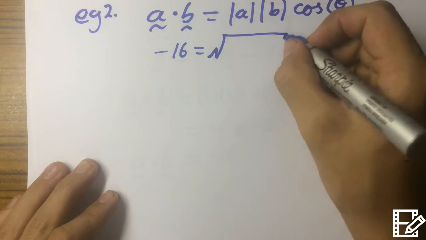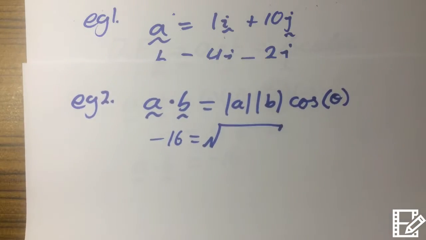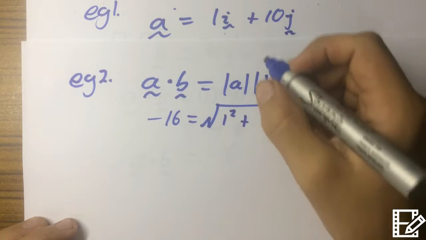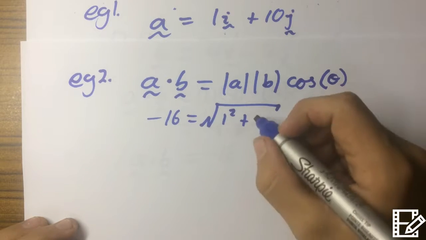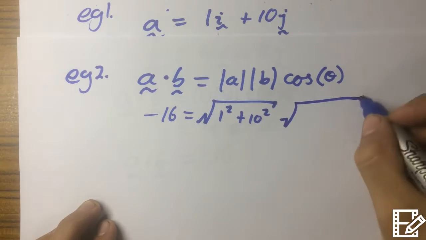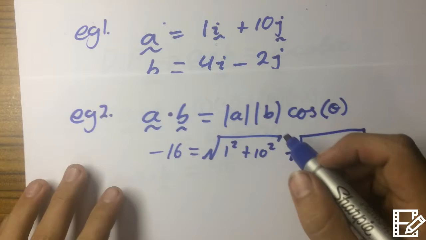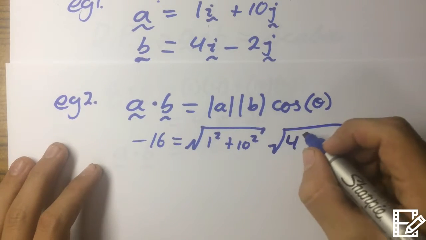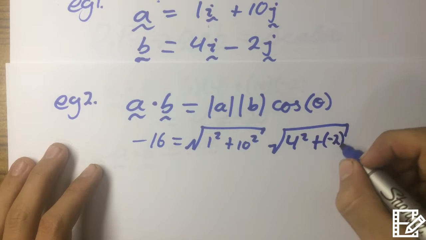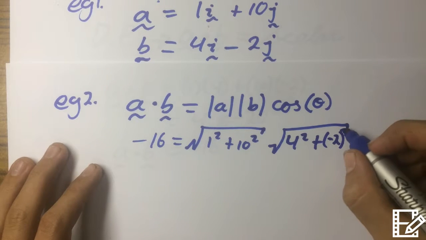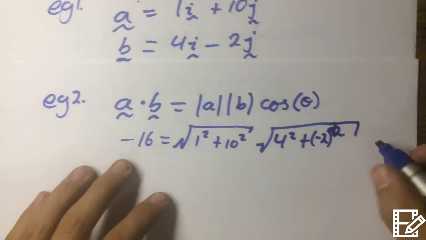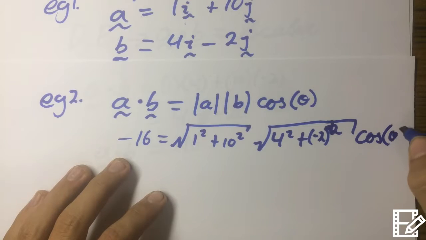Well, the magnitude of a is the square root of the i component squared, which is 1 squared, plus the j component squared, which is 10 squared. And the magnitude of b is the square root of its i component squared, which is 4 squared, plus its j component, which is negative 2 squared. And then we have cos theta just on the end.